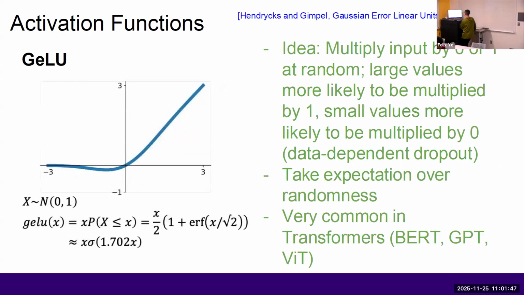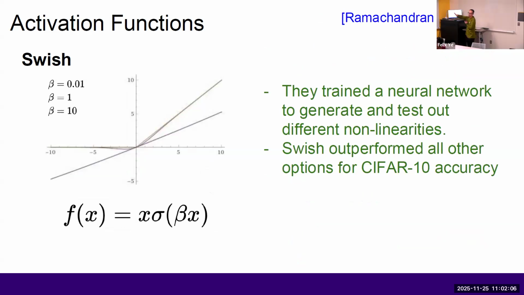There's another one called GLU, which is also very popular. That one is from 2016, almost 10 years ago. You can see this GELU and the Swish look very similar.